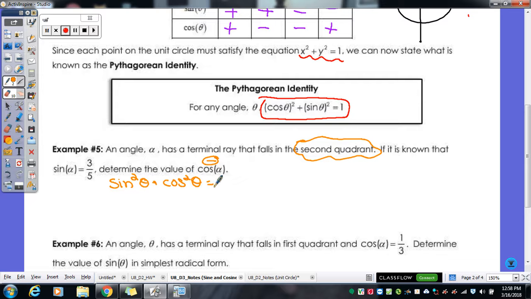So using our Pythagorean identity, sine squared plus cosine squared equals 1. We'll plug in our value for sine, so we have to do 3/5 squared plus cosine squared equals 1.